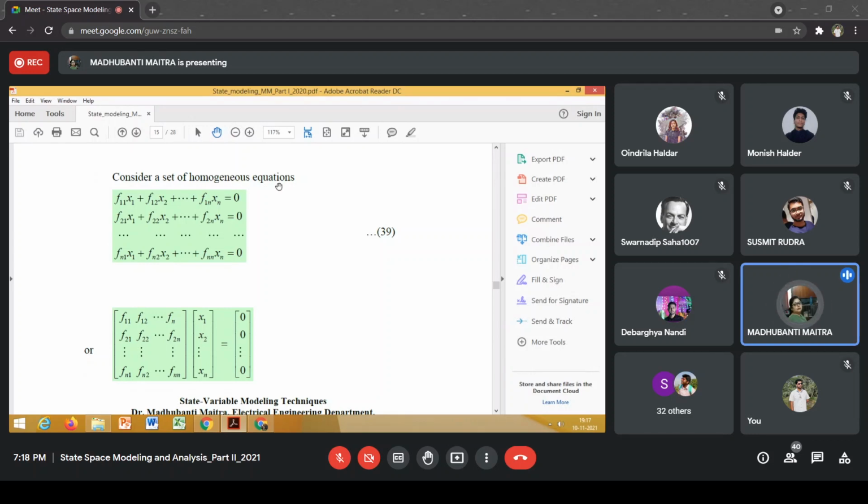I guess you know what is meant by homogeneous equation. No forcing function will be there, hence the right hand side of this set of equations will be 0. Right? So homogeneous equation.